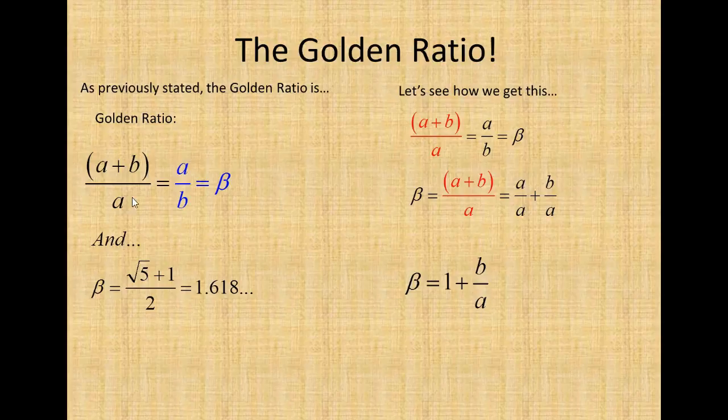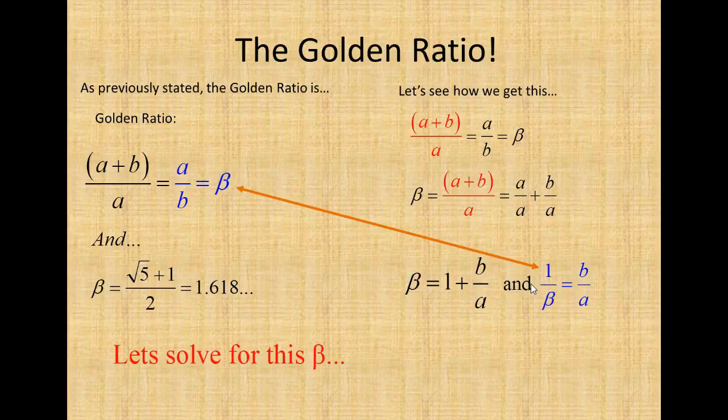Well, B over A is the inverse of beta, since beta is also equal to A over B. So B over A is 1 over beta.